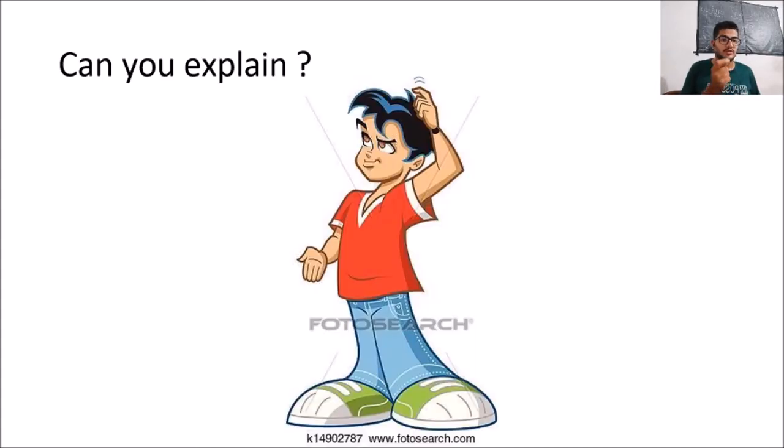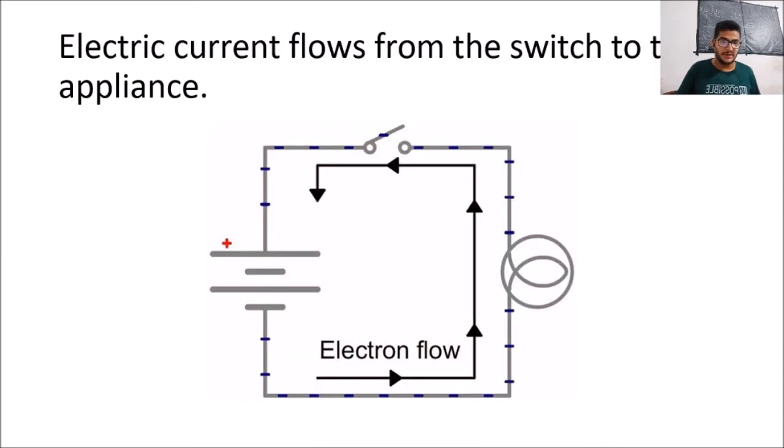So the basic question is: after turning on the switch, the electric current passes to the appliance and the appliance turns on and gets to work. What is the reason behind that? Can you explain? Wait, do not confuse, I am here to explain. The electric current passes from the switch to the appliance, just like in this circuit.